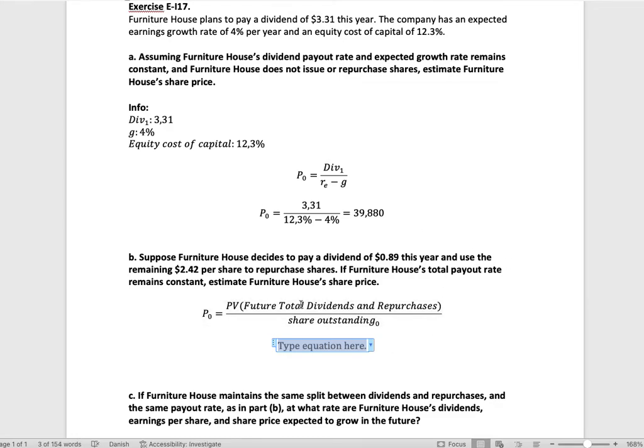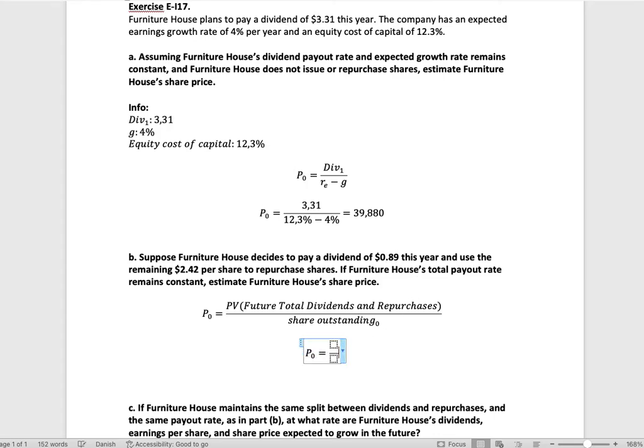So because we don't have the shares outstanding, we can just find the present value of the dividends and the repurchases, which would be the same as using this formula.